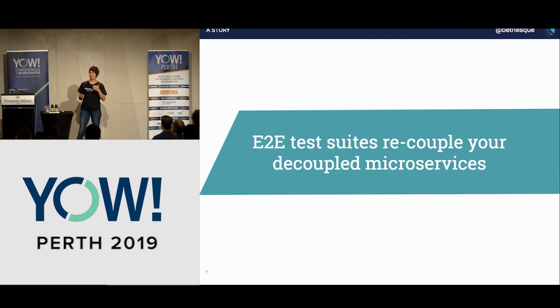You're undoing all that good decoupling work that you did in your business code and recoupling it in your test code. So what this team at REA discovered was that making changes was becoming slower again. One service would block the other service from being deployed, and it was undoing one of the goals of microservices, which is to allow you to deploy services independently.